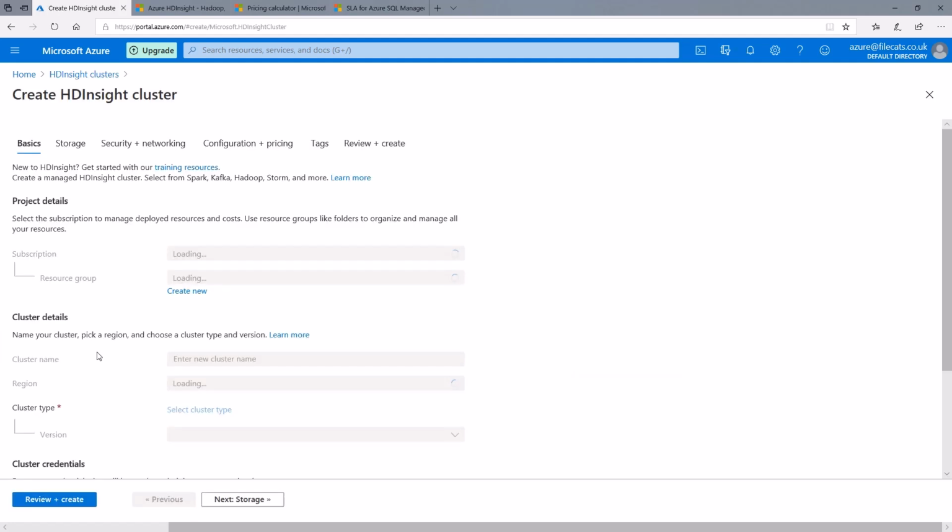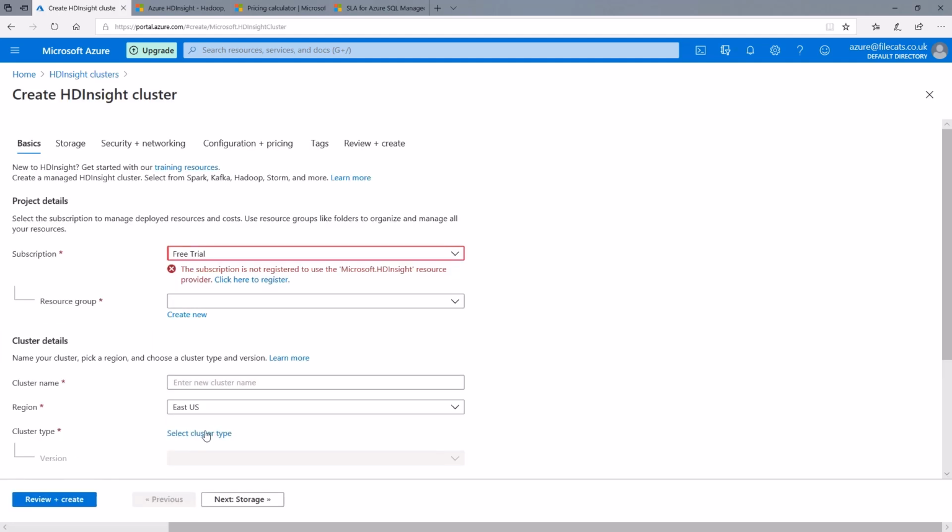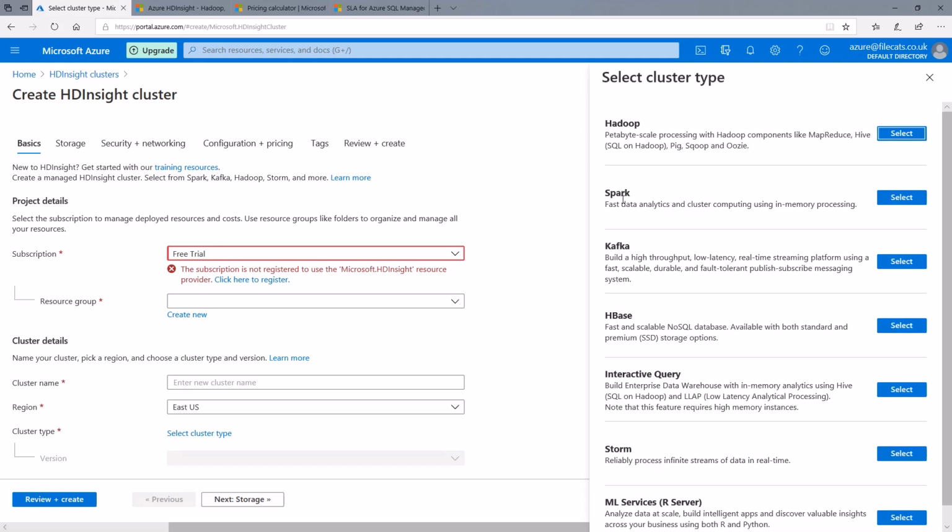Now, you can analyze data using lots of different types of cluster. You can use, among others, Apache Spark. So this splits data into smaller parallel tasks. Apache Hive. So this is an SQL dialect for use with an HDInsight cluster, and it runs a massively parallel processing query.